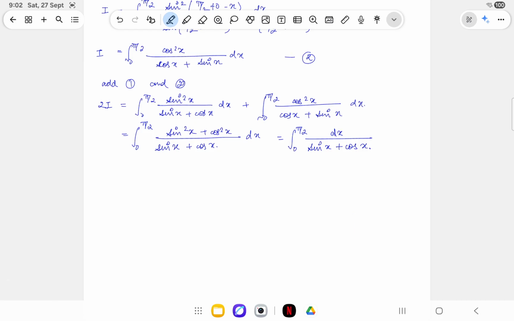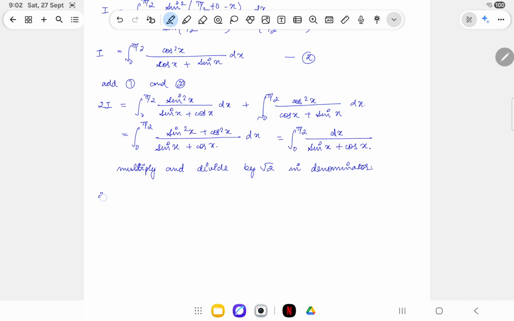Now here what I can do is multiply and divide by root 2 in the denominator.